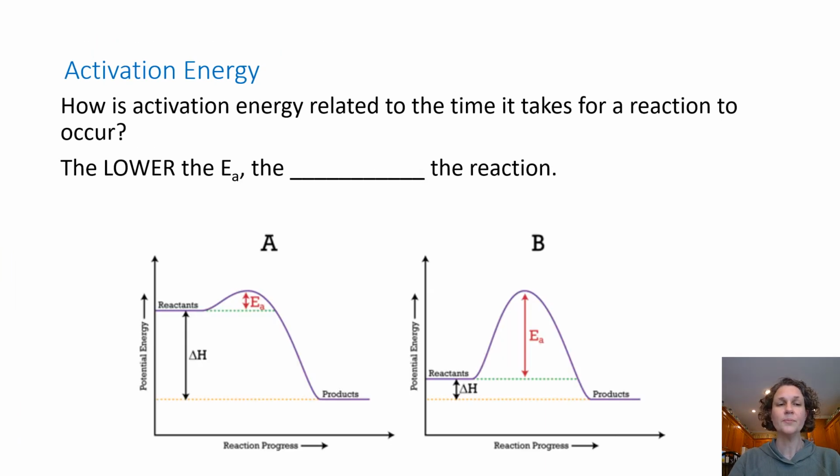Now, with the activation energy, it kind of goes back again to what we said with temperature. If you have differences in your activation energy, it can really make a difference in the time that it takes for the reaction to happen.